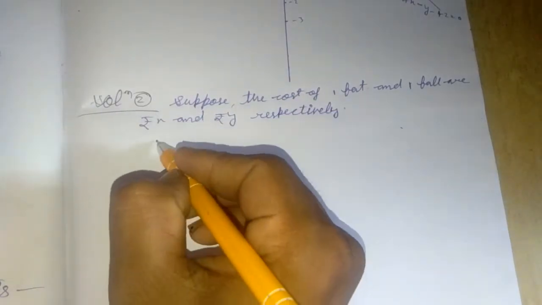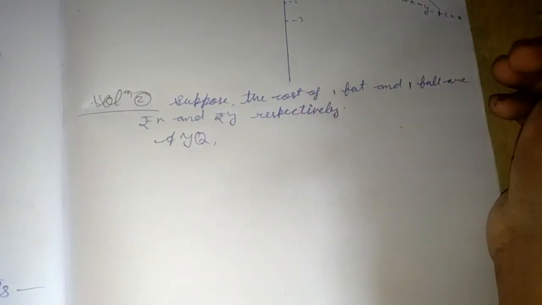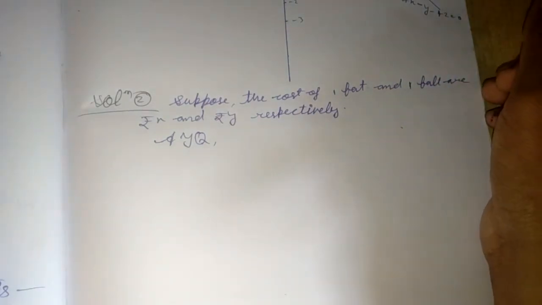Okay. According to the question, because the cost of one bat is x rupees, therefore the cost of 2 bats will be 2x rupees, and the cost of 3 bats will be 3x rupees.